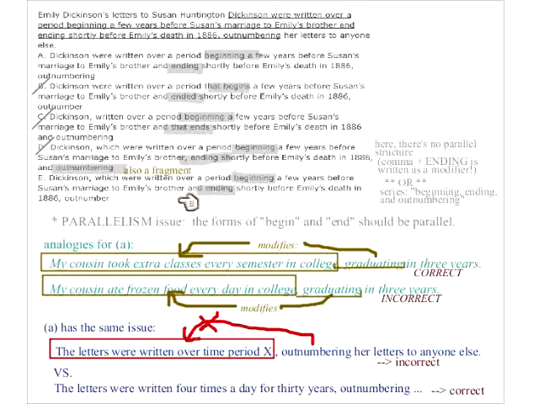Okay, good. Notice that which modifiers do not have to have any sort of relationship to the surrounding sentence. I mean, for the sake of not sounding weird, they should have some sort of relationship somewhere, but there's no required relationship. So you could say, "My cousin, who ate frozen food every day, graduated in 3 years."